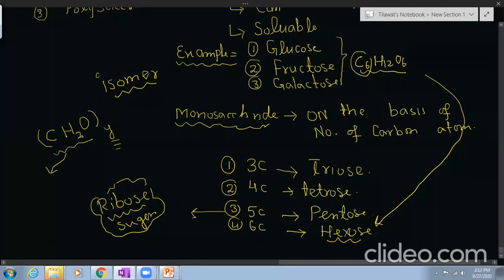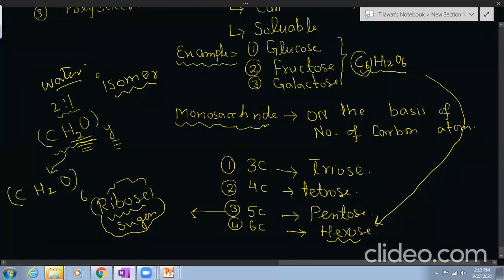So for glucose, this Y I will put as 6. Remember, this formula means that the ratio between hydrogen and oxygen should be what? 2:1. It means the ratio between hydrogen and oxygen is 2:1, just like water. Just like what? Water. Right?